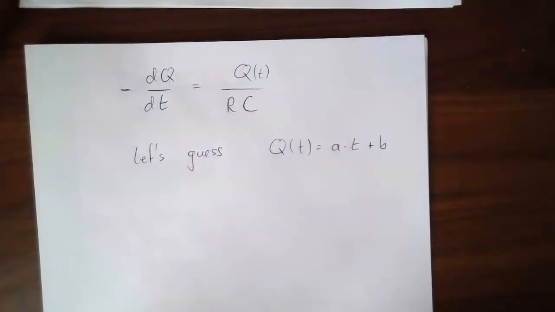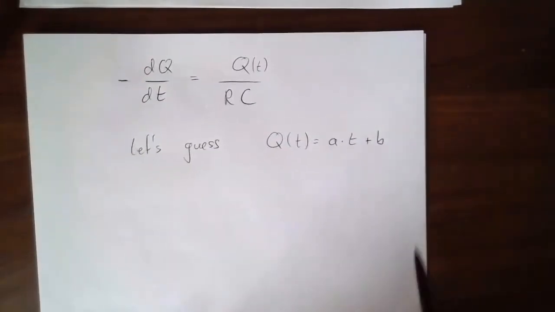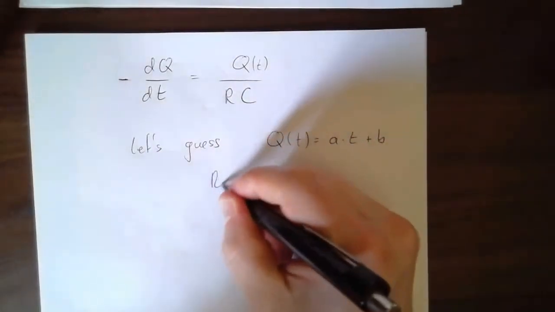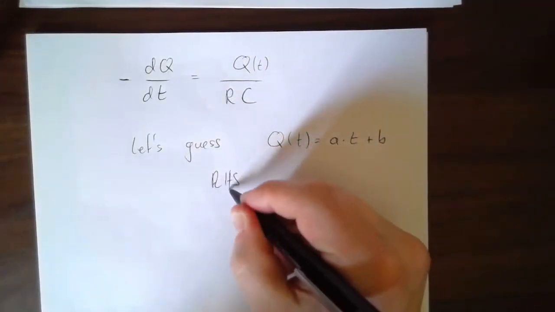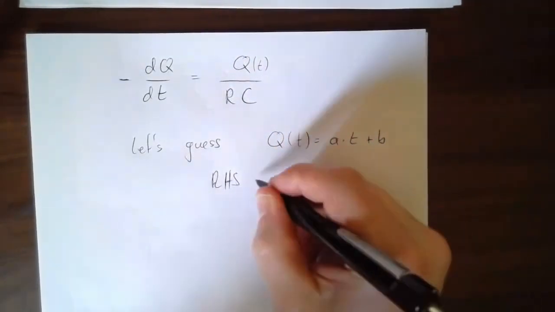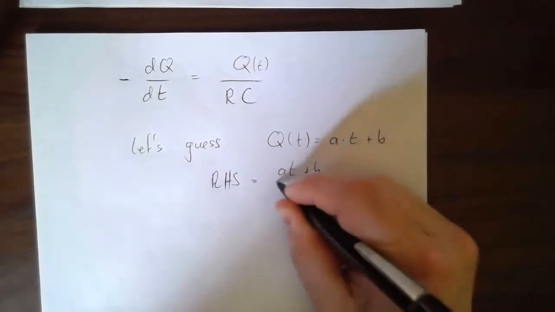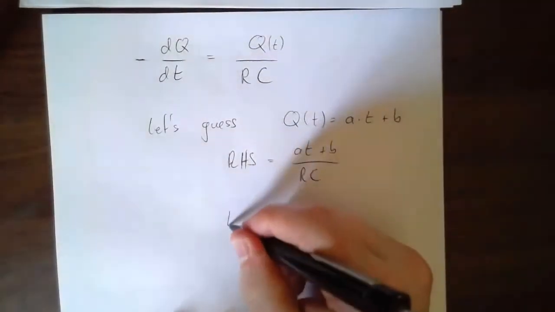We don't know how to solve differential equations in general. Let's just have a wild stab in the dark and hope for the best. So the right-hand side of my equation, RHS, is going to be at plus b, I'm just plugging in, over RC. Okay, what about my left-hand side?